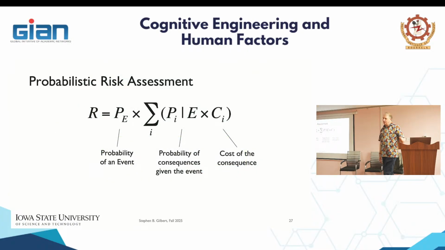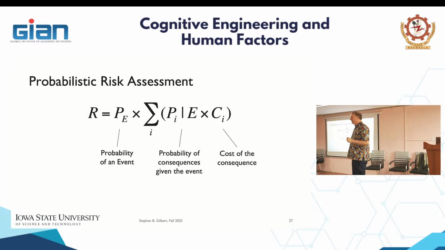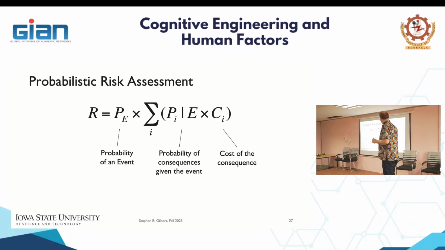So, for those of you who like equations, let's do some human error calculation. I can ask, what's the probability of the event? Like, what's the probability that I forget to add my attachment? And then, given the event, what's the probability of the consequence? If it's my boss and it's due right now, that's a big consequence. But if it's maybe due tomorrow and there's still time for somebody to say, hey, you forgot the attachment, then that's okay.